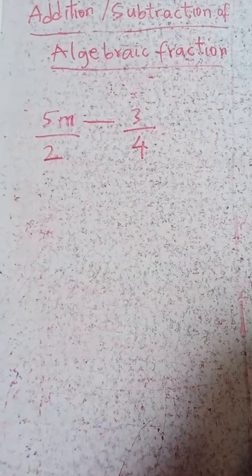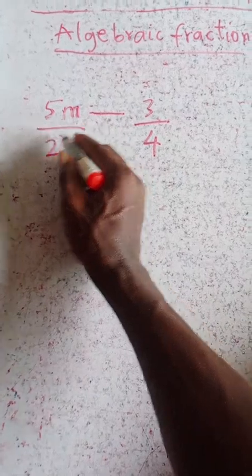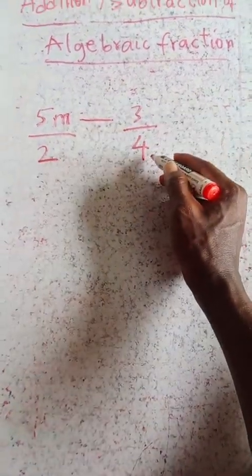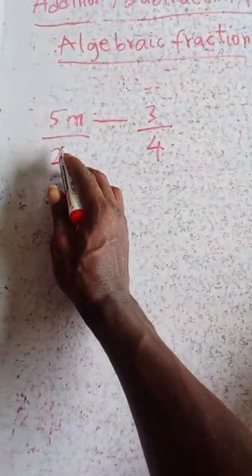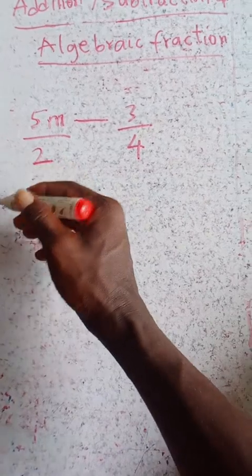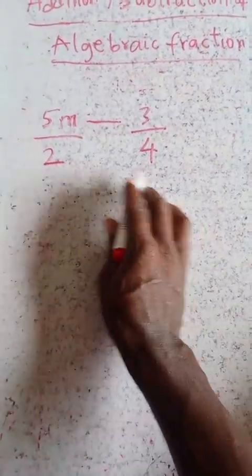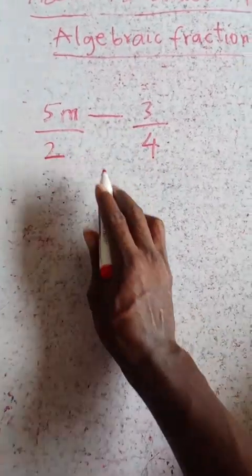Again, if you have 5m over 2 minus 3 over 4, this is also a fraction, but only one side contains the alphabet. So you do as we have been doing: you find the LCM of the denominators, so long as there is a sign in between the fractions.